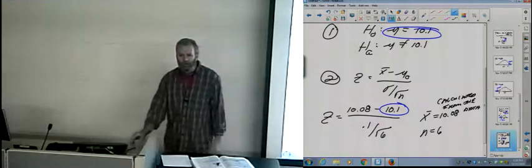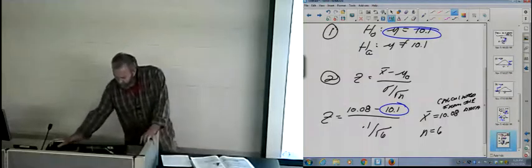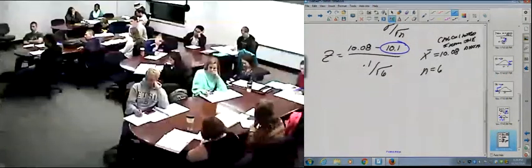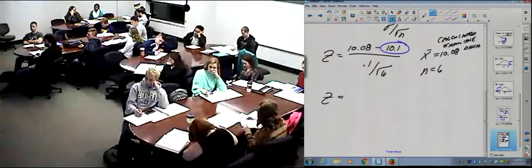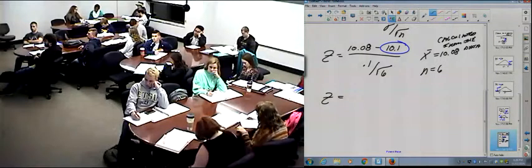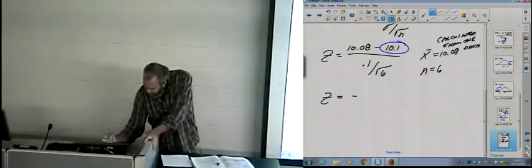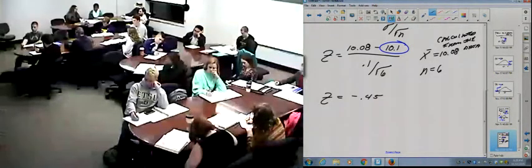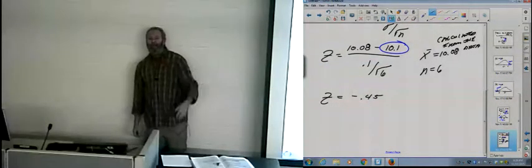What do we get for a z-score here, bud? Negative 0.45. It's telling me your x bar was less than the mean.